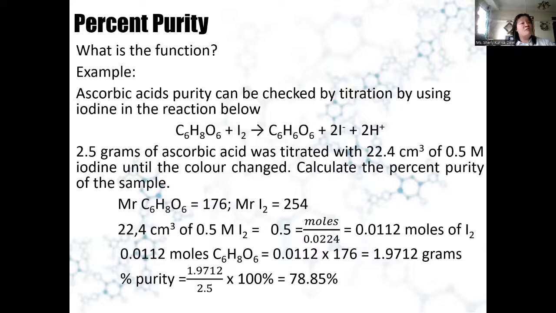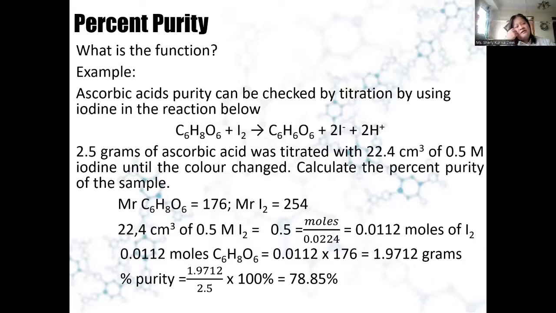This is the first one. There is ascorbic acid, C6H8O6, plus iodine, I2, and then you will get C6H6O6, 2I minus ions, iodide ions, and 2 protons.